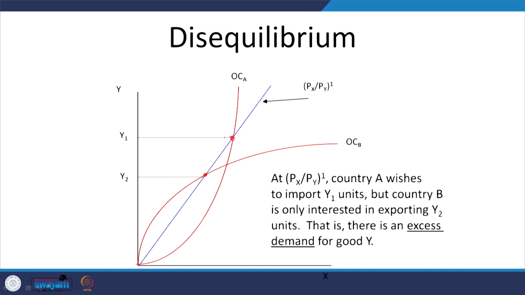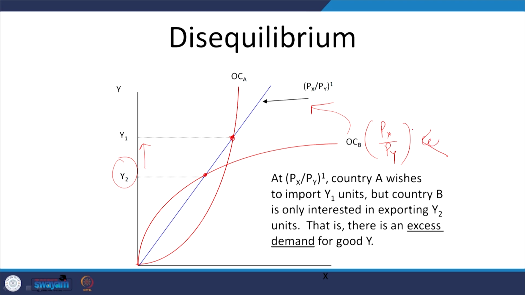That has led to over demand for good y, and over demand leads to higher prices. Px by Py is here at this point, so it is higher.